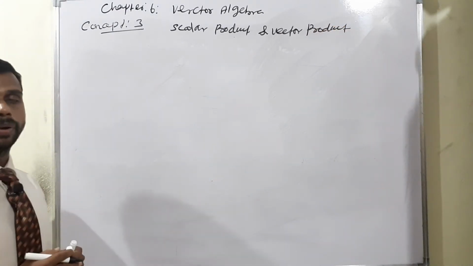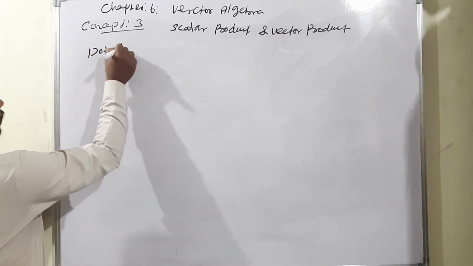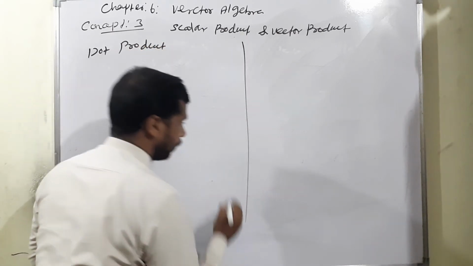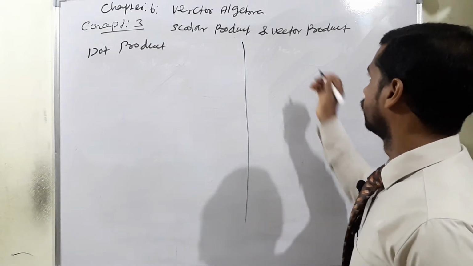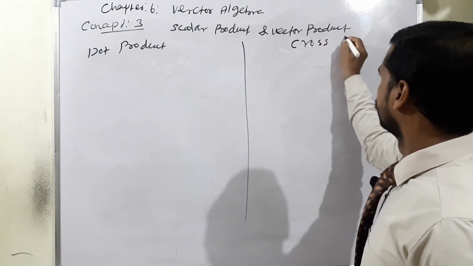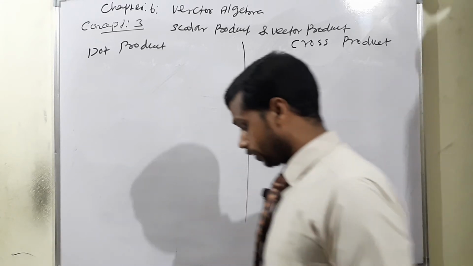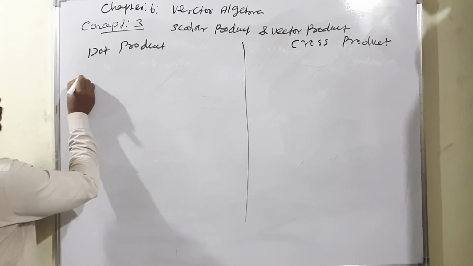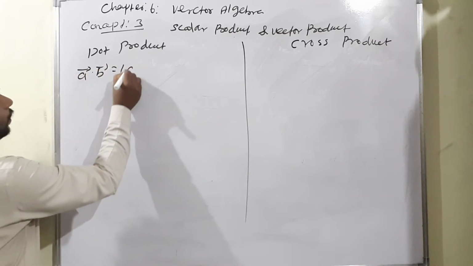Already we know scalar product means dot product, isn't it? A dot product. What is the meaning of vector product? That is called cross product, isn't it? Cross product.